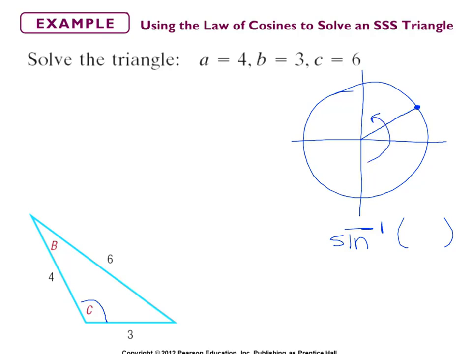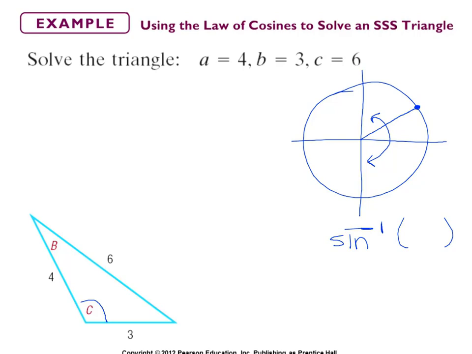So the inverse sine is only in these two quadrants. So it would have to give me, because it's a triangle, it can't be a negative angle. So it's always got to be in quadrant 1, right?